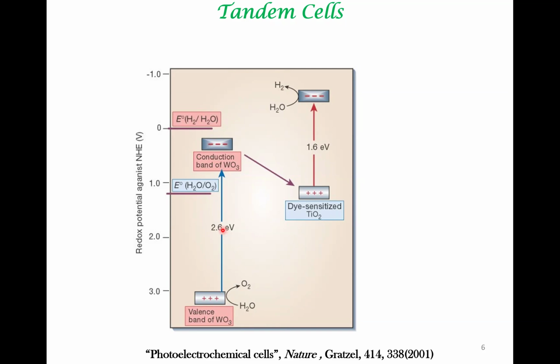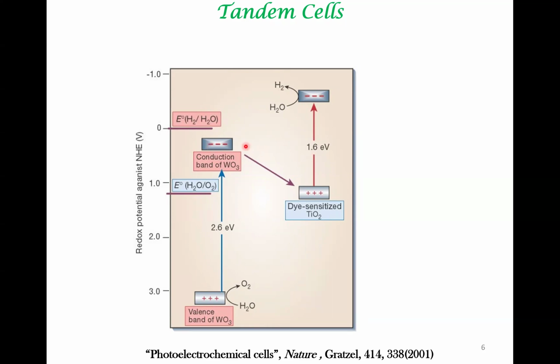It's not too high, much more than the 1.6 that is required. And this is very stable. Tungsten oxide is relatively non-toxic and relatively inexpensive. So unfortunately, the conduction band edge is below this redox level. So there is a constraint with respect to reducing protons to form hydrogen.